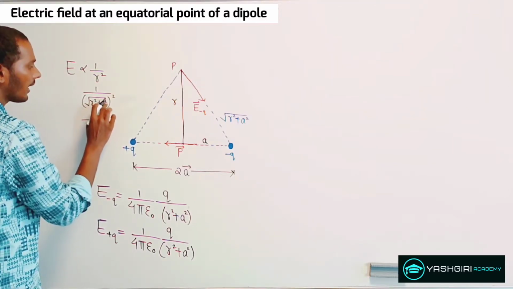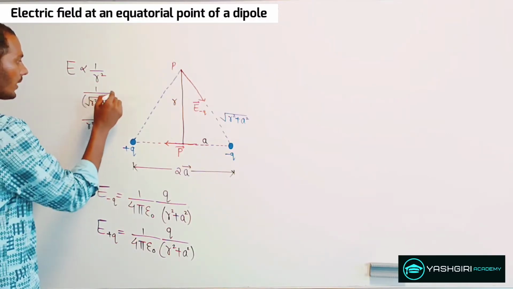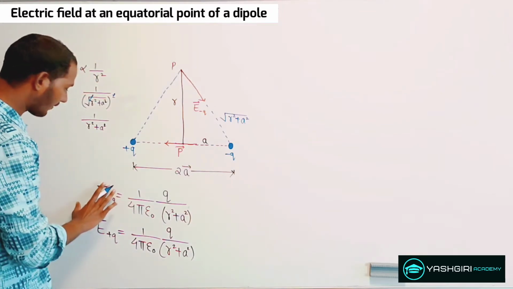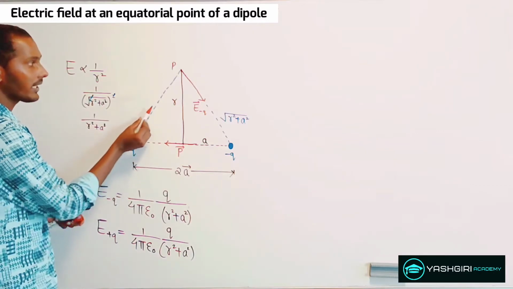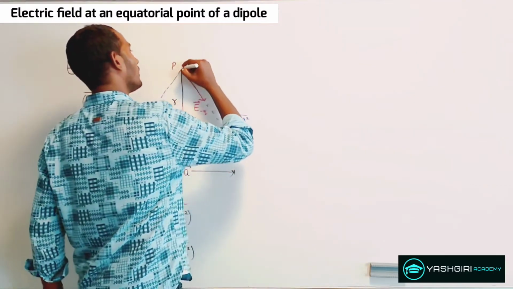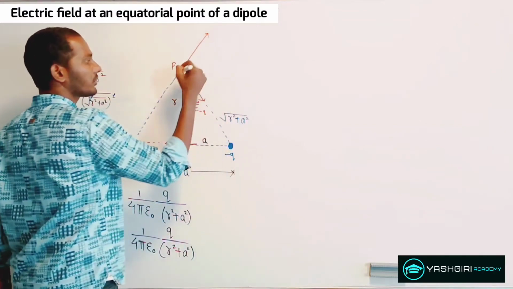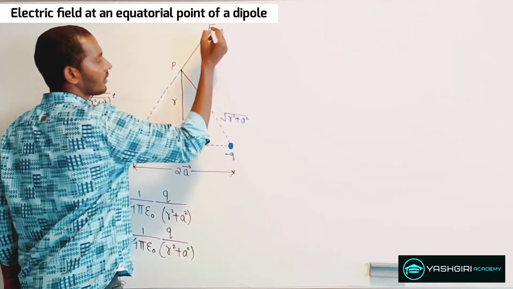So this is how I am getting this. So the square root will get cancelled with this square. All right, so I have got the magnitude part, and here the direction of this electric field will be pointing outward. So I can show it like this. So this is the direction of the electric field due to the positive charge.